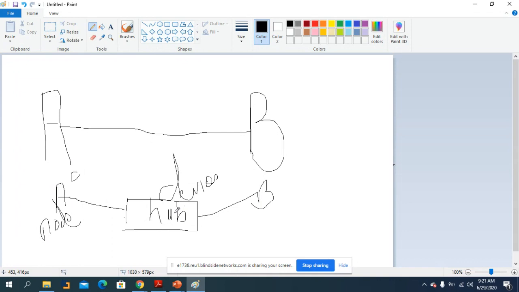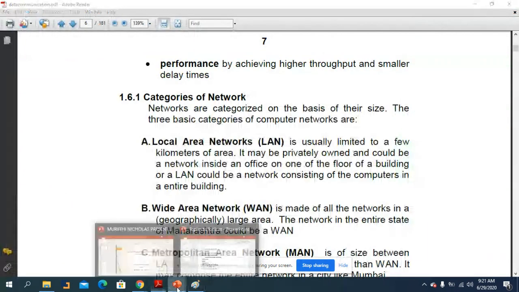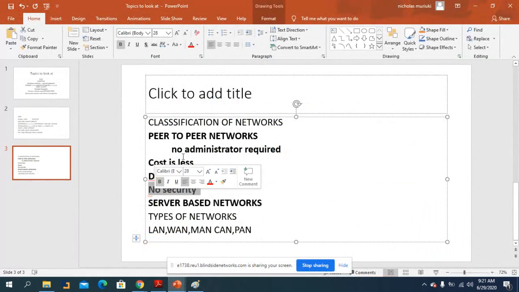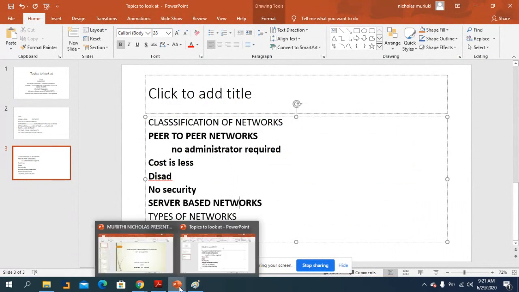So here we require an administrator, so the cost is too high. And because the cost is too high, it is more secure. So the disadvantage that we had before becomes an advantage, where we have security, because devices have to respond to a certain device first.